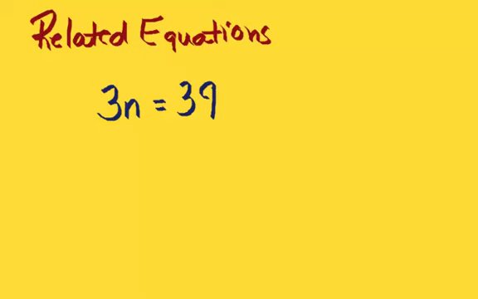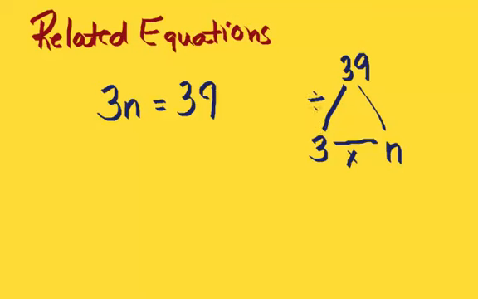Okay, this time we're starting off with multiplication. We have 3 times n is equal to 39. Now, to set up that relationship on our triangle, we're going to say 3 times n gives us 39. So times goes on the bottom, division along the sides.